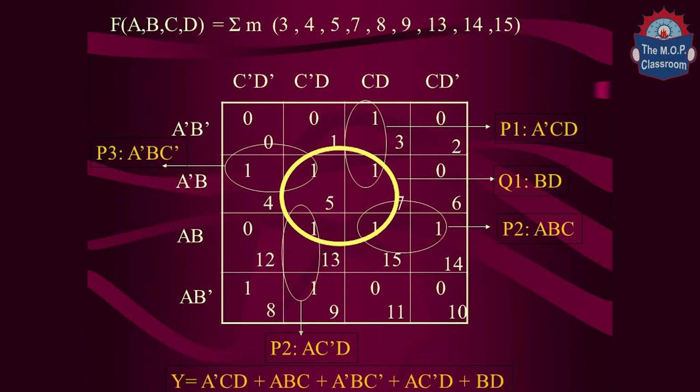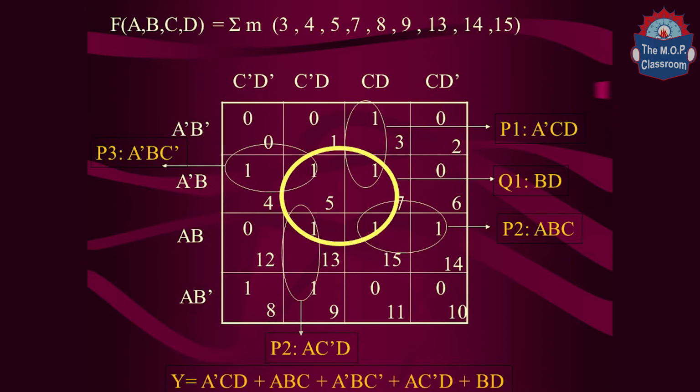Now, to include the remaining ones, we are forming pairs. So, we are writing the Boolean expression for the 4 pairs and the quad. So, we get 5 terms. So, your Boolean expression has 5 terms. But if you carefully look at the quad, you can see that the ones in the quad are already involved in other groups.